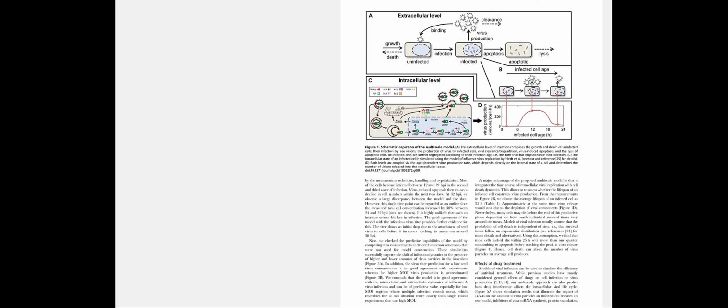You see they have the virus go in, then producing all kinds of proteins, assembling and then budding. The way they incorporate that on the scale one higher is that they now track the age at which a cell got infected. Then they say, well, it takes some time until a cell gets infected, and then it produces virus, and then at some point it stops and dies.